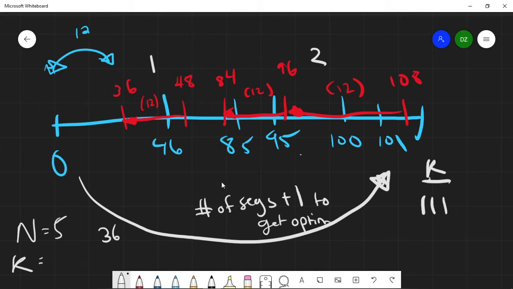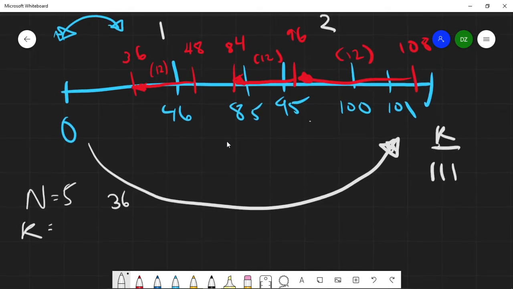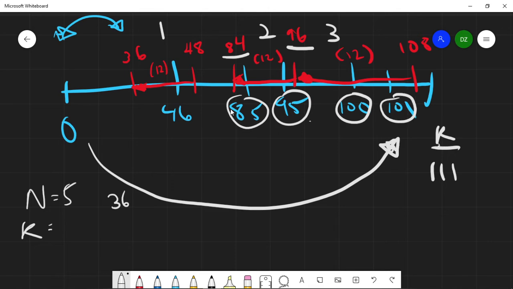Actually, let's just reroute and imagine there's no such thing as k, right? There's no barrier. The optimal path would be the number of these groups. So in this case, there would be 3 groups because 85 and 95 are between the same 2 multiples. 100 and 101 are between these 2 multiples. 46 is between these 2.